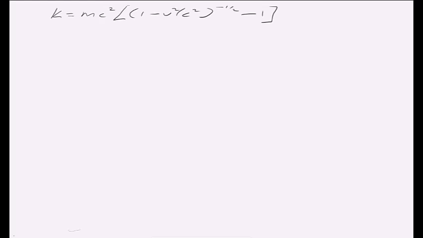Now, in this expression for the kinetic energy, the term we are interested in expanding is this term here, 1 minus v squared over c squared to the power of -1/2. And to do this, we're going to use something called the binomial series.